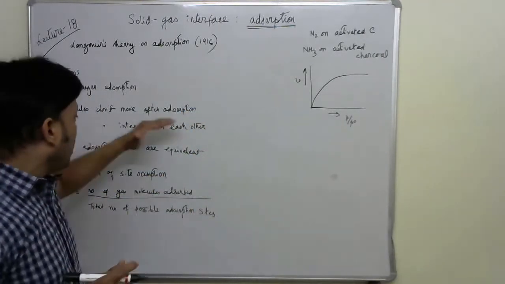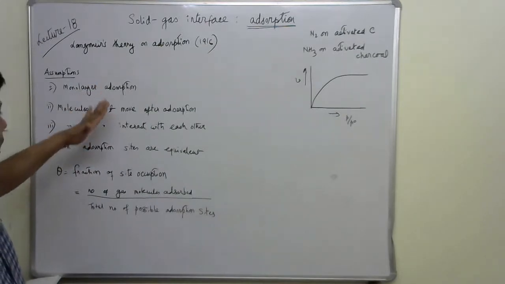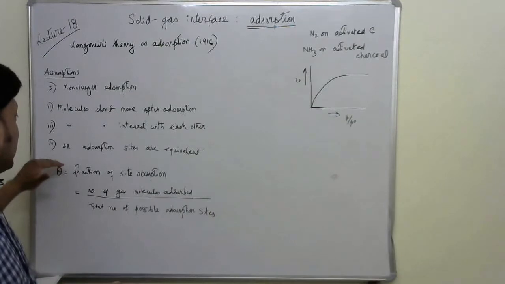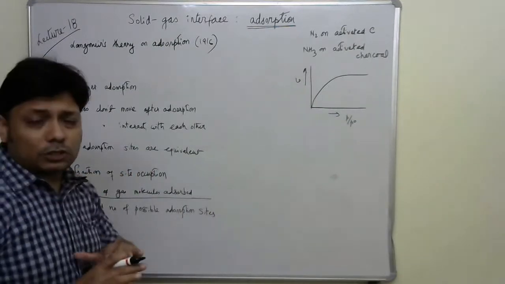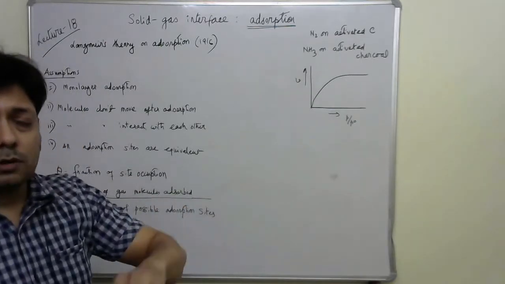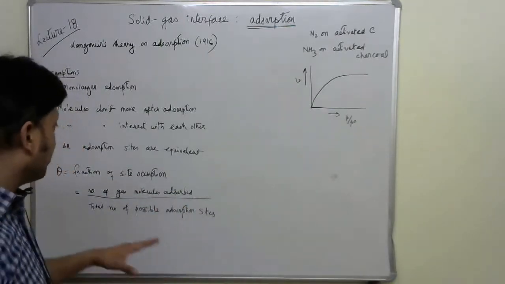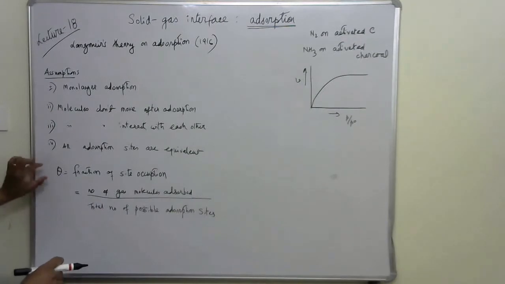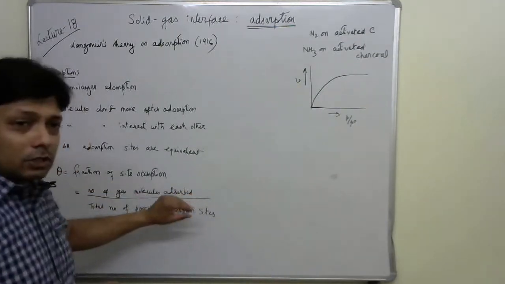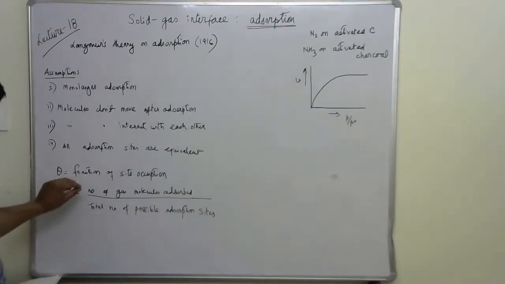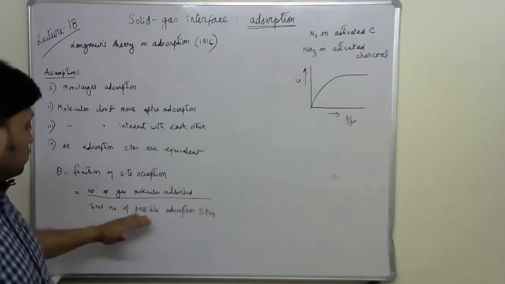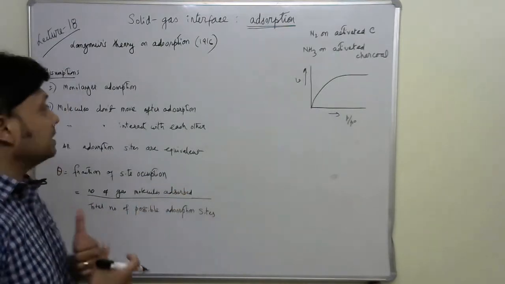There are other assumptions, like the molecules don't interact with each other, or roll over on the surface after getting adsorbed. And all adsorption sites are equivalent, meaning there is no site preference for the gas molecules while sitting on the surface. And then there is a term theta, defined as the fraction of site occupation, which is equal to the number of gas molecules adsorbed divided by the total number of possible adsorption sites.